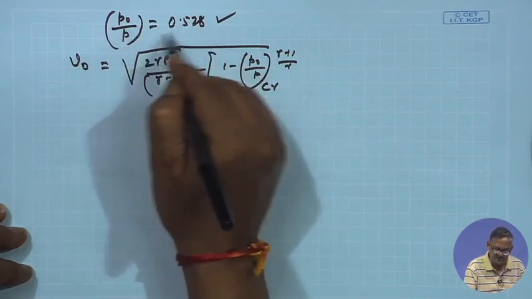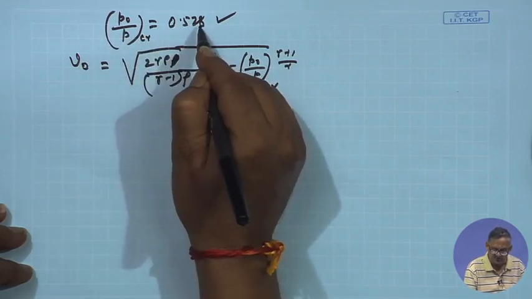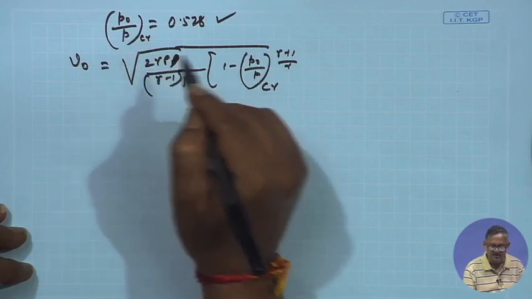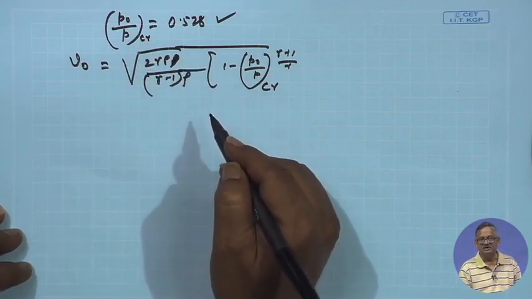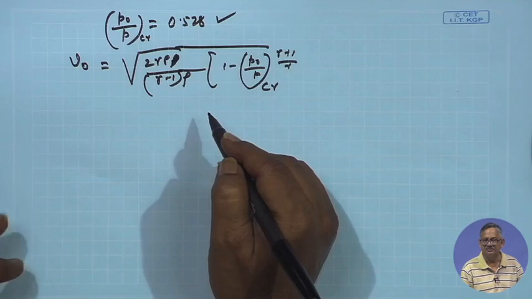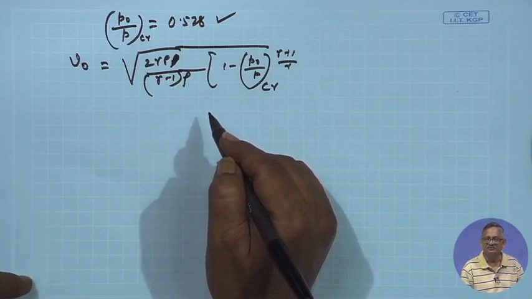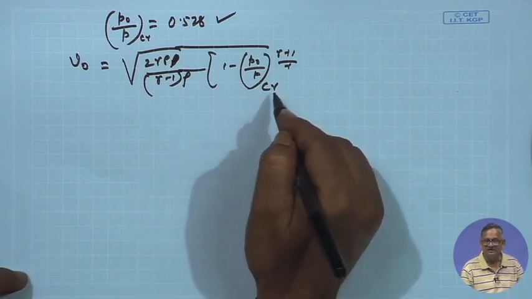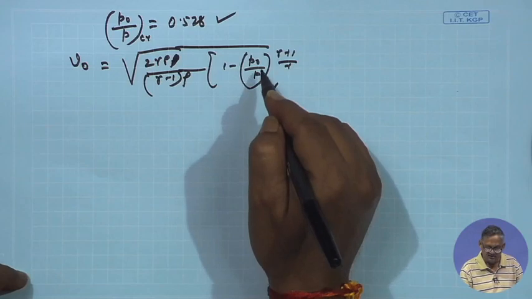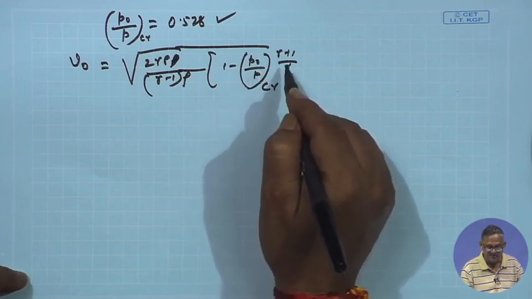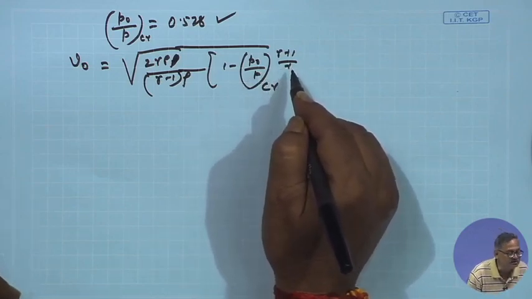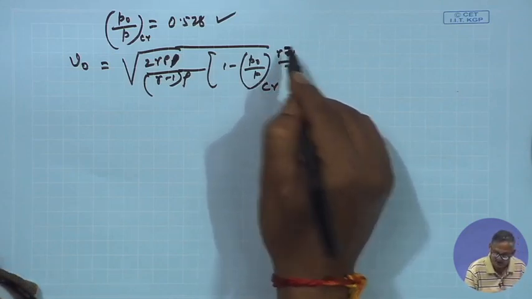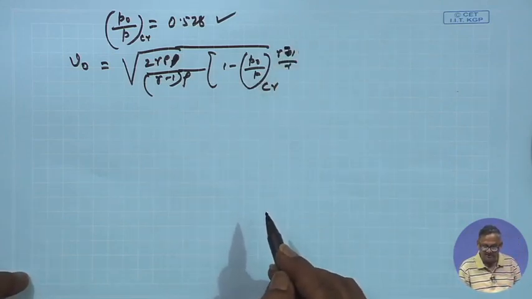Now this P0 by P when 0.528 is called the critical pressure ratio. So if the pressure ratio, outlet to inlet, is 0.528, then it is called critical pressure ratio, denoted as CR.